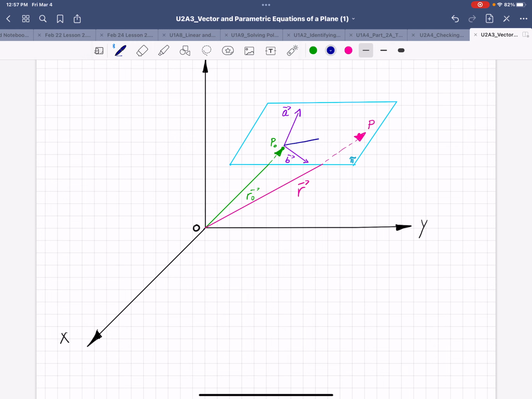So let's start off by connecting the point P0 with point P. We are going to say that vector R, remember this is vector R, equals vector R0 plus vector P0P.